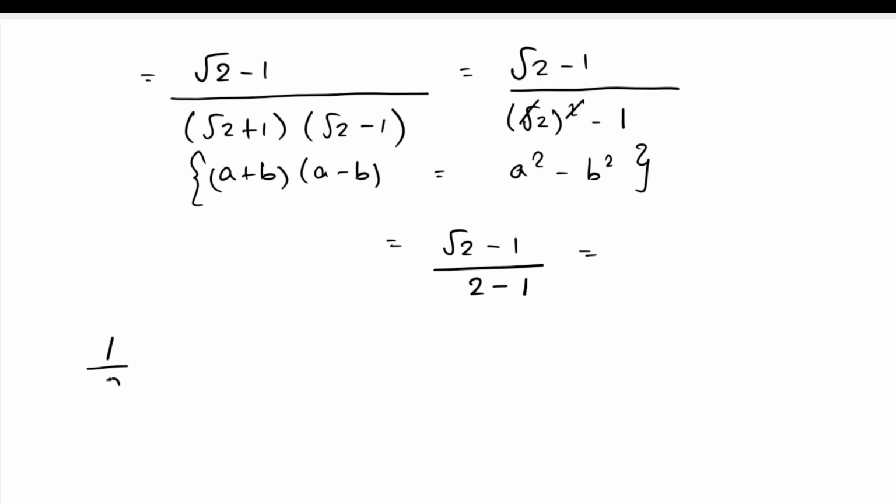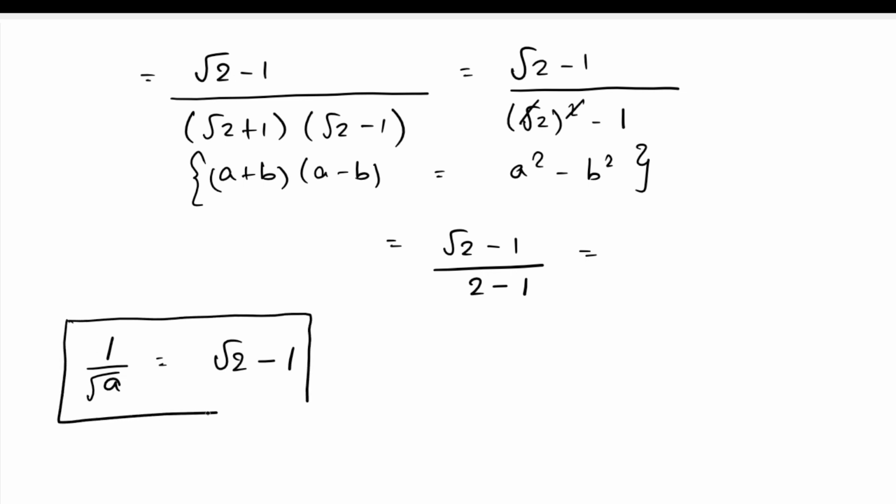Therefore, 1 by root A is equal to root 2 minus 1 divided by 2 minus 1, which is 1. So the denominator is 1. So 1 by root A is equal to root 2 minus 1. And we found out the value of root A is root 2 plus 1.